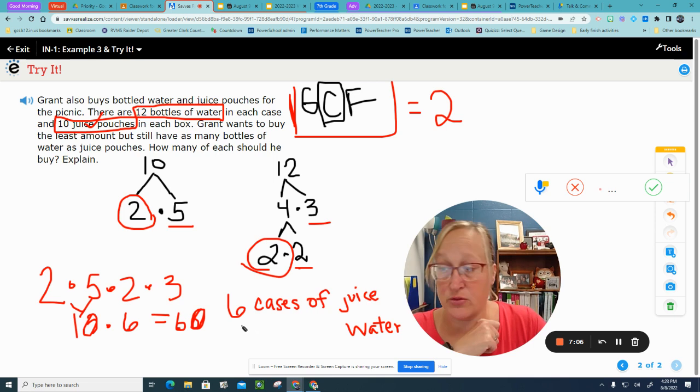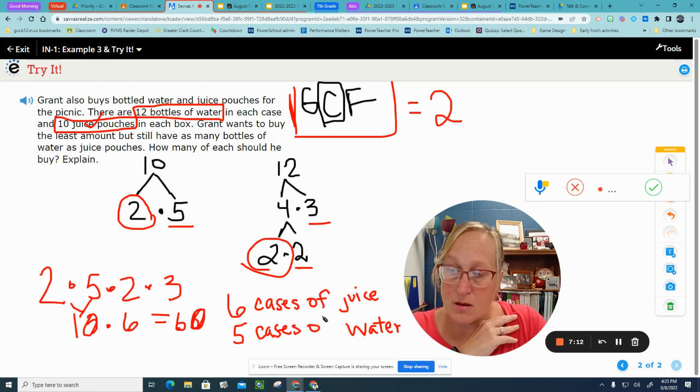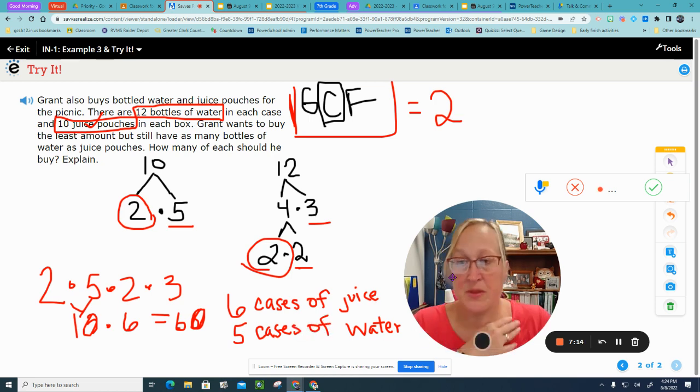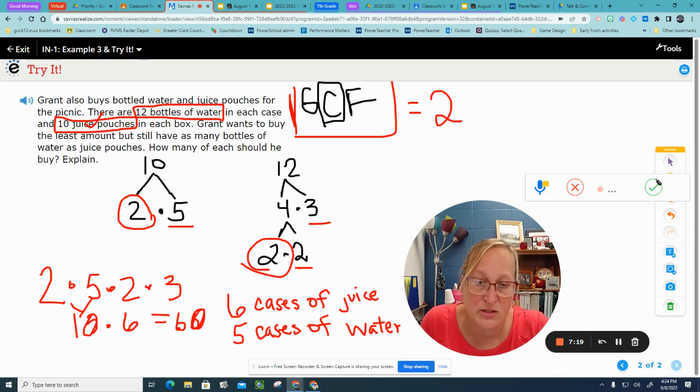Hopefully you've gotten there. So we need 5 cases of water. Okay. Now, let's see. You guys says 2 out of 2. So that means you probably have a little green check up here. If you typed and done all your things in here, I believe you're done. You hit the little green check. You're good on this one.